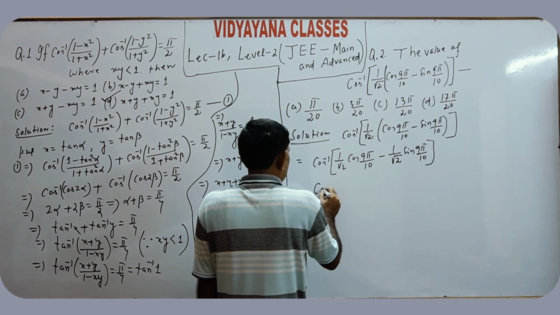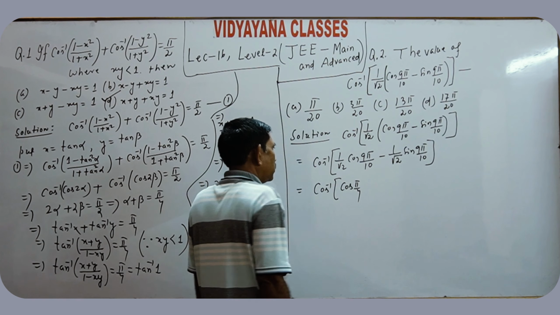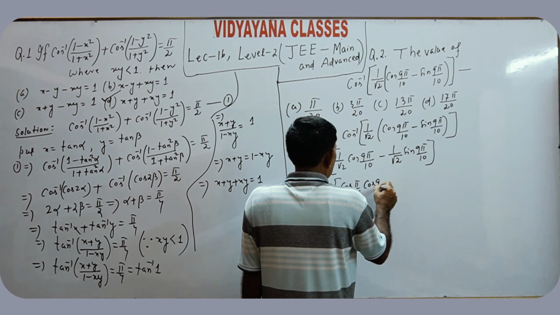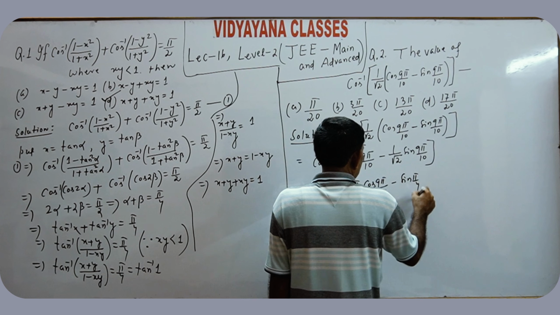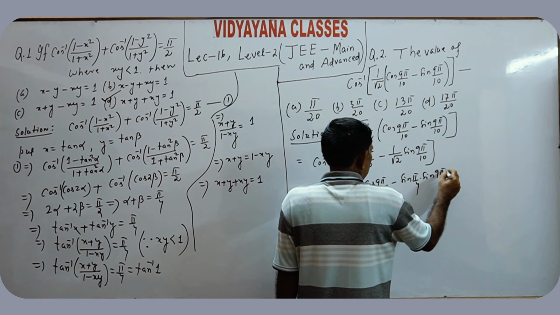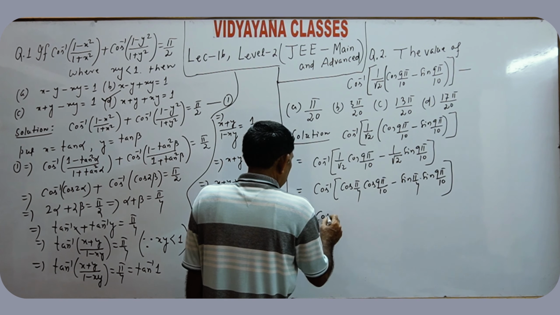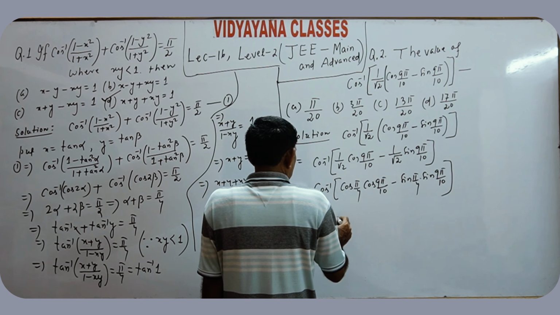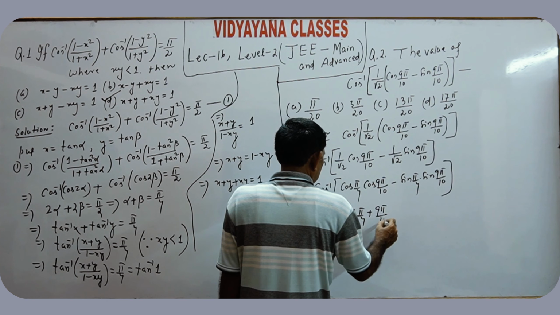which is same as cos inverse [cos pi by 4 cos 9 pi by 10 minus sin pi by 4 sin 9 pi by 10], since cos pi by 4 is equal to sin pi by 4 is equal to 1 by root 2, which is same as cos inverse cos (pi by 4 plus 9 pi by 10).